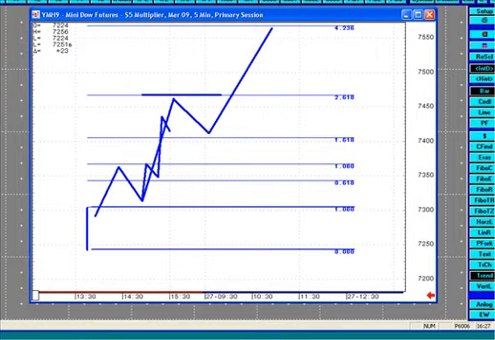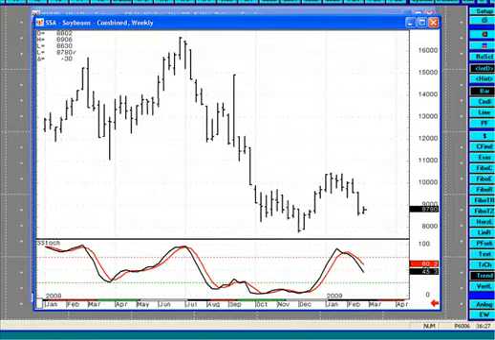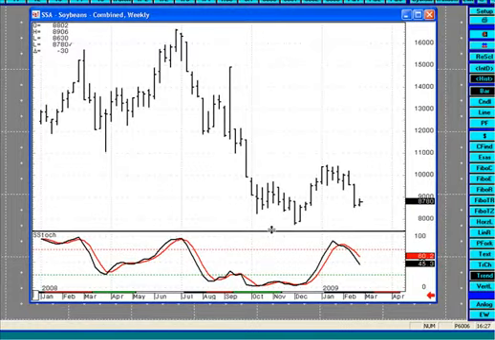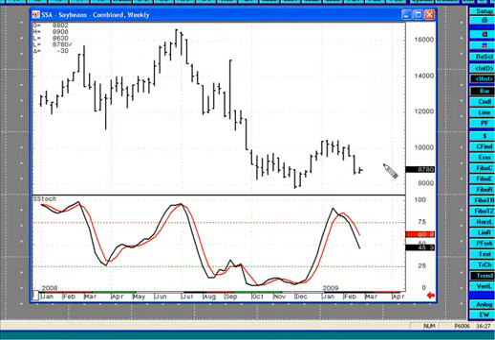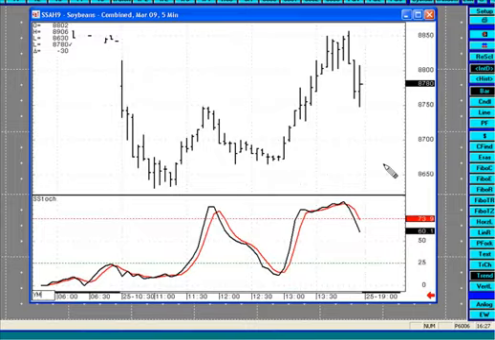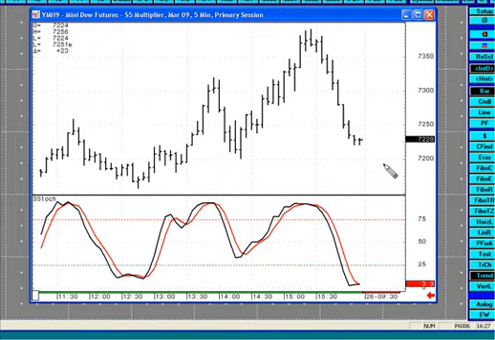Another approach is very, very simple, and that's simply using a very standard stochastics indicator. I hope everyone is familiar with what a stochastics is. It was popularized by George Lane, and these are the standard settings of, I believe, 14-3-3.